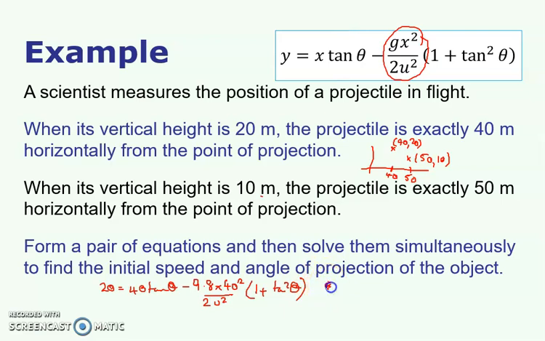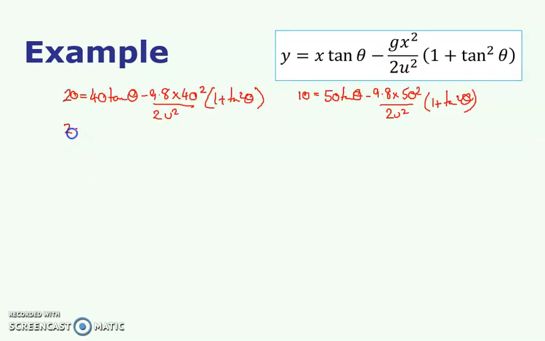And if I put it into the other one, this is equal to 10 equals 50 tan theta minus 9.8 times 50 squared over 2u squared, 1 plus tan squared theta. Okay, I'll transfer that on to the next slide. So this then equals 20 is 40 tan theta. I can type in a lot of these sums, so I'm going to do it now.